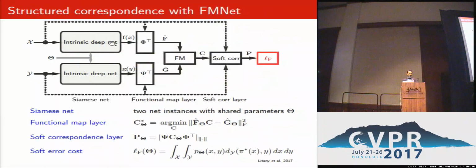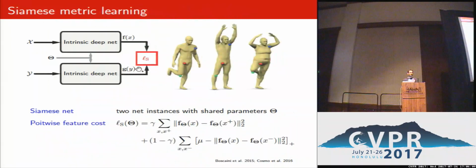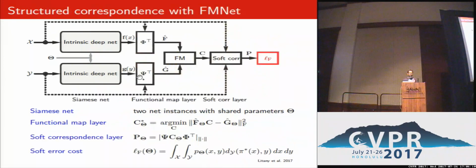So the neural network will learn local features as we did before, right? But instead of comparing these features and learning point-wise descriptors, we'll project them onto the Fourier basis, right? We'll compute the functional correspondence C. From the functional correspondence C, we'll produce the probability distribution, and that probability distribution will be used to compute the soft correspondence error, okay?